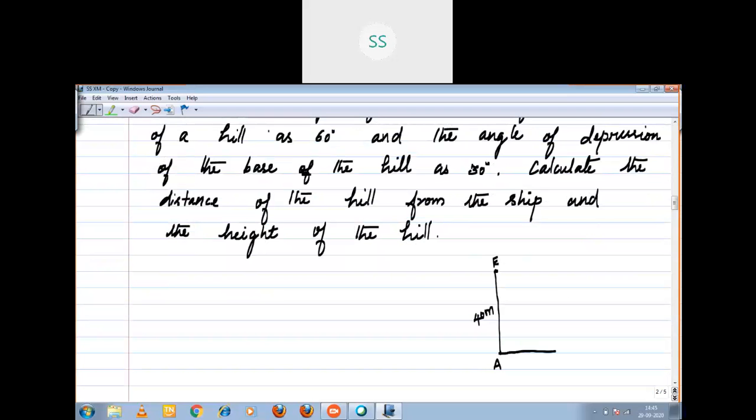This is your E. Here I am going to name it as A. Now the hill, right? This is your hill. One minute, I will draw a straight line.